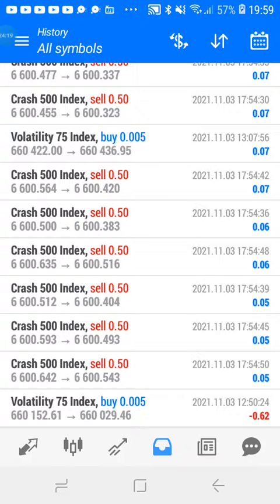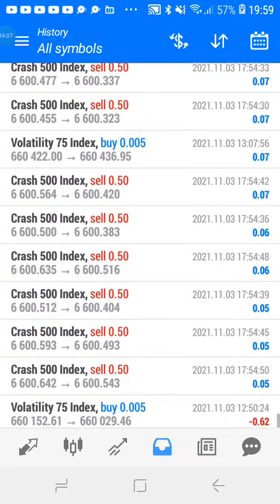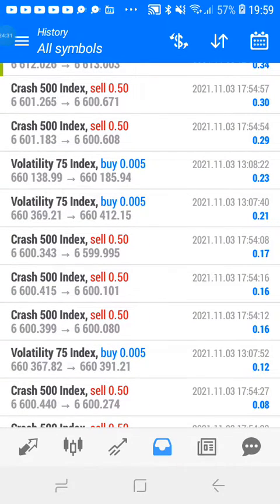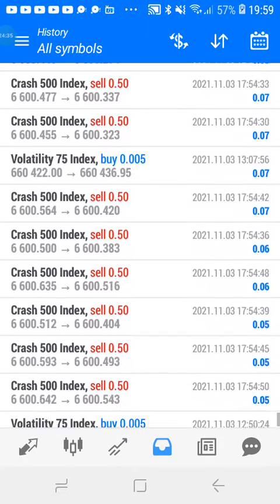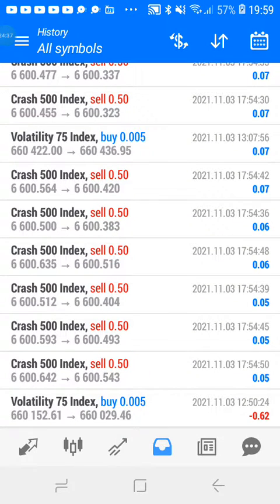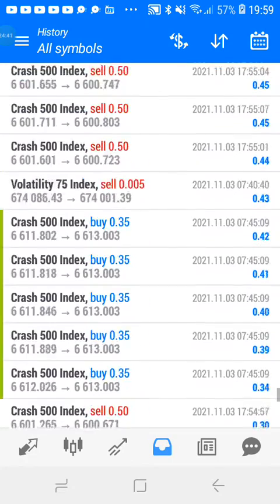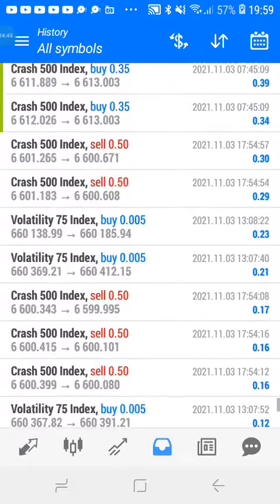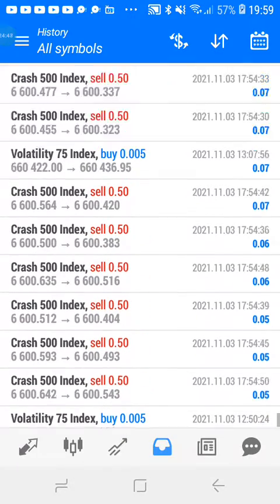V75 moves faster. So probably when I was closing, I ended up closing in loss, because with some of the entries here, I closed with 21 cents, 29 cents. So I probably incurred that loss while closing the trades manually. So that's the only loss I've discovered for today.